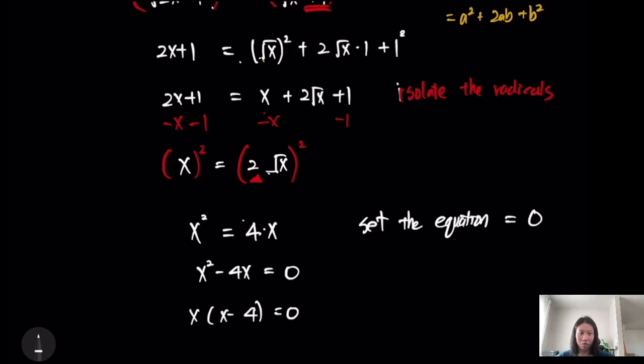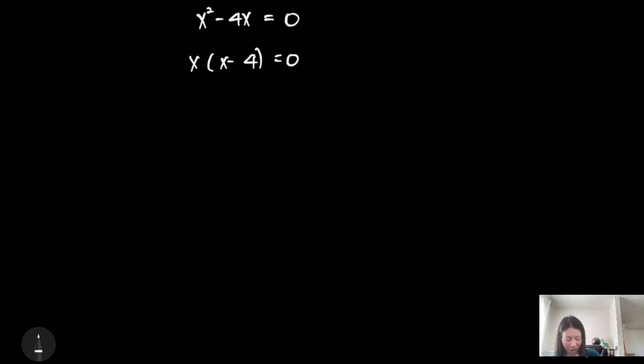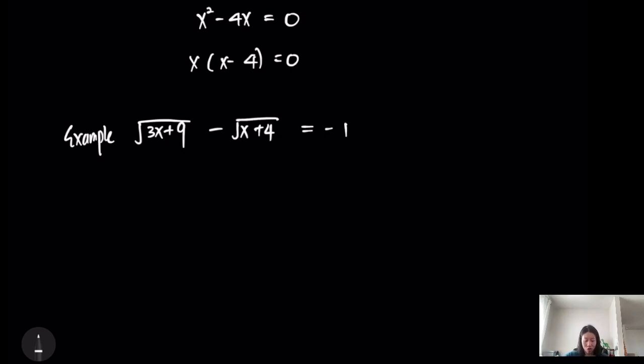Okay, now the last one. I'm going to give a very complicated one. If it has two radicals that contain more than one term, such as square root of 3x plus 9 minus square root of x plus 4 equals negative 1. In here, you will always start by isolating one radical on one side.